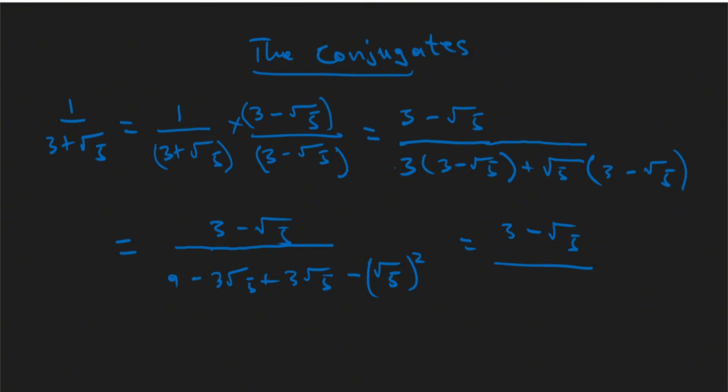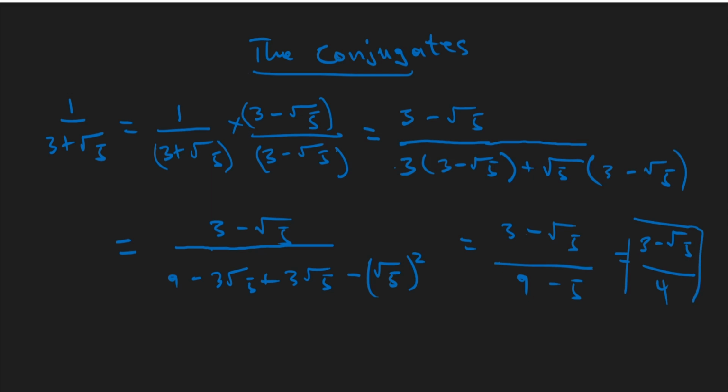Don't forget that this square will cancel the square root. So, which is going to give us 9 minus 5, which is equal to 3 minus root 5 over 4.